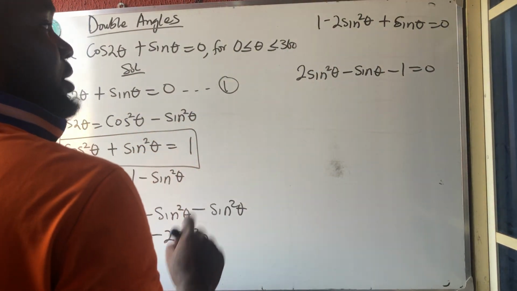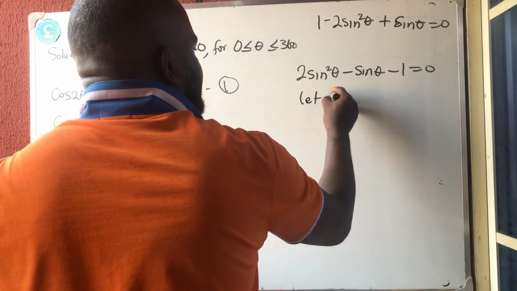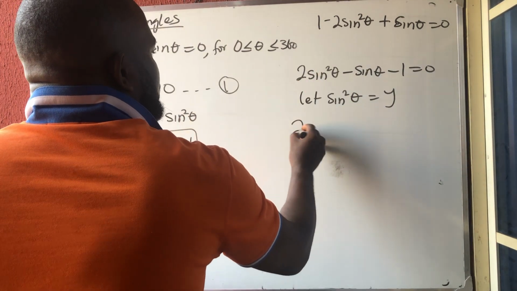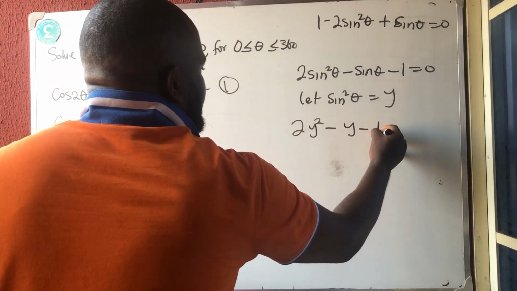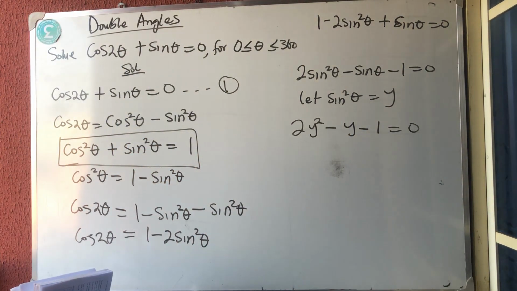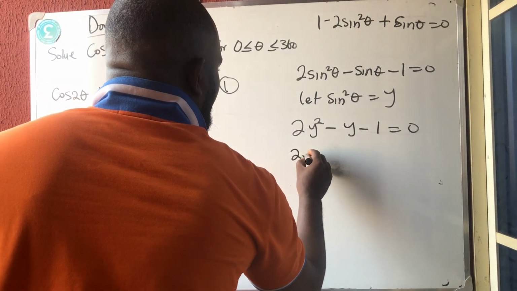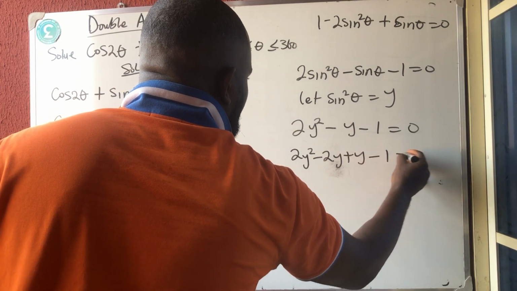If you look at this, it is a quadratic equation, but I know you are not seeing it. Just let sine theta be equal to y. So it will now be 2y squared minus y minus 1 is equal to 0. Is it factorizable? Yes. So it's going to be 2y squared minus 2y plus y minus 1 is 0.